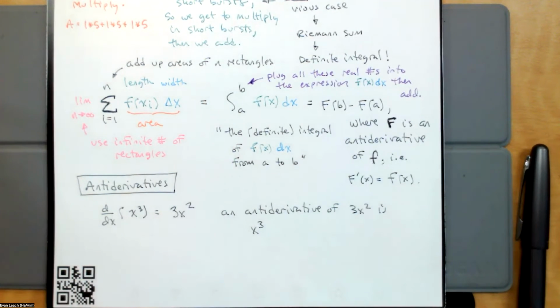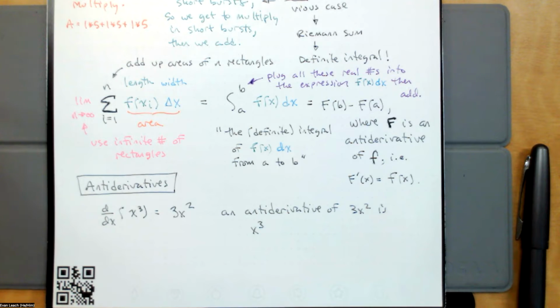What's another antiderivative of 3x squared? What's another function whose derivative is 3x squared? X cubed plus 1, plus c. Some people just don't want to mess with individual ones. You said, give me one more. They're like, oh, now we're going to give you an uncountable infinity more antiderivatives.